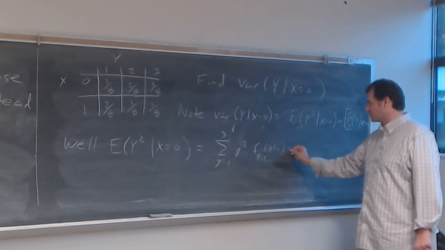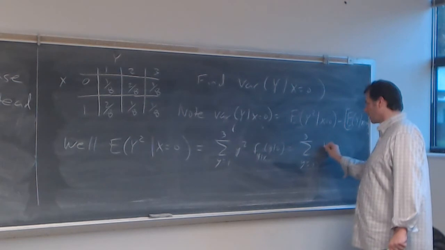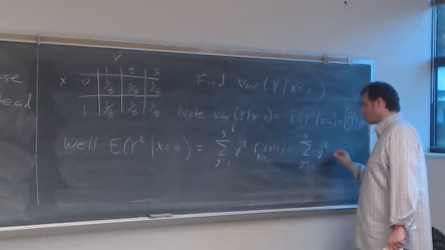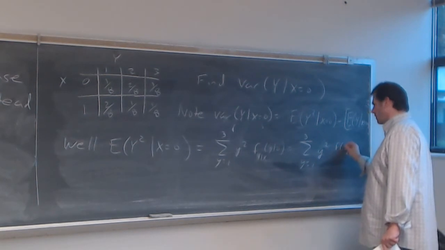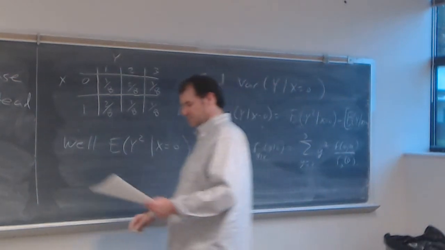So this will be equal to the sum as y runs from 1 to 3 of y squared times f of 0, y over f sub x of 0. So we need to find that f sub x of 0.